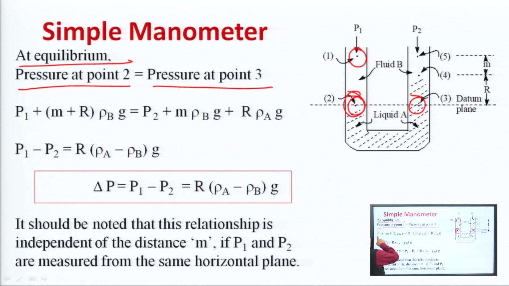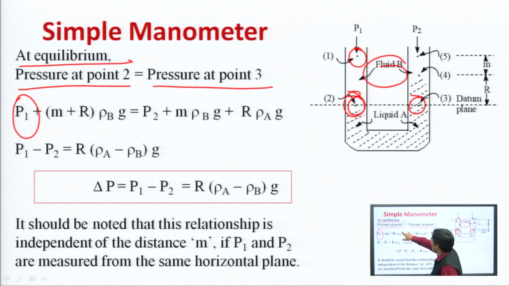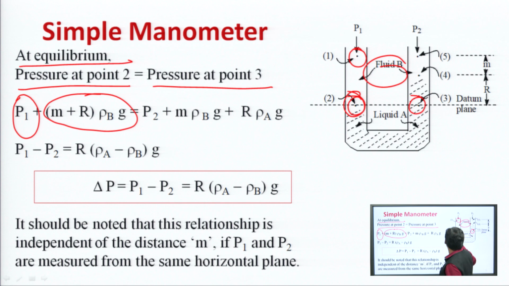The pressure at point 1 is P1, and the pressure applied by fluid B onto point 2 is (m plus r) rho B g, where rho B is the density of fluid B, g is the acceleration due to gravity, and m plus r is the distance between point 1 and point 2.